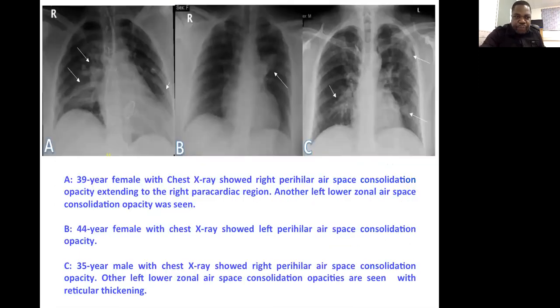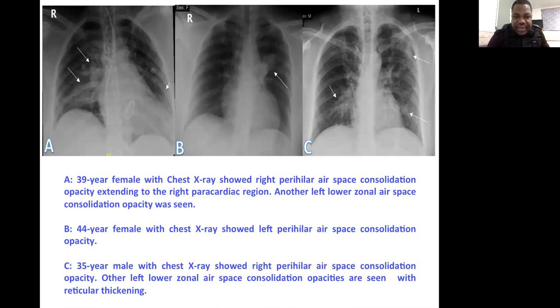And here you can see those consolidations are not peripheral, like this one in this 39-year-old female patient with chest X-ray showing right perihilar airspace consolidation opacity.